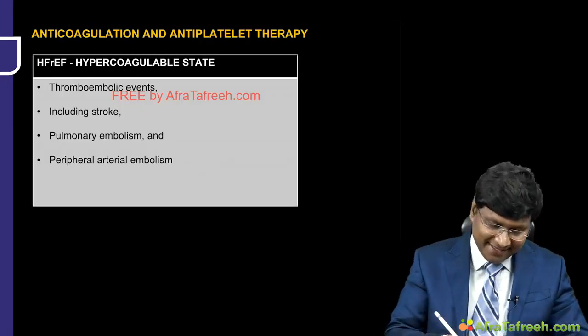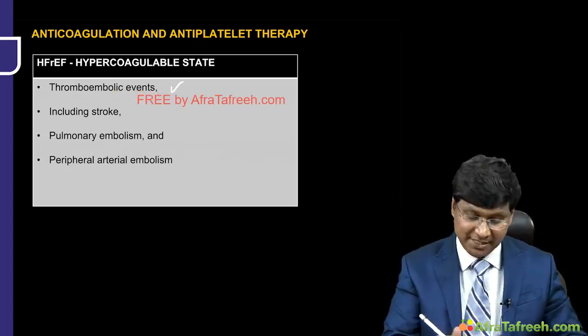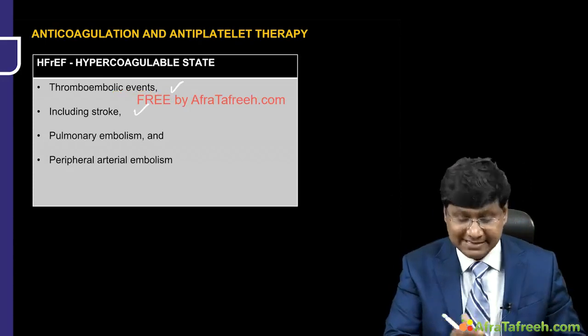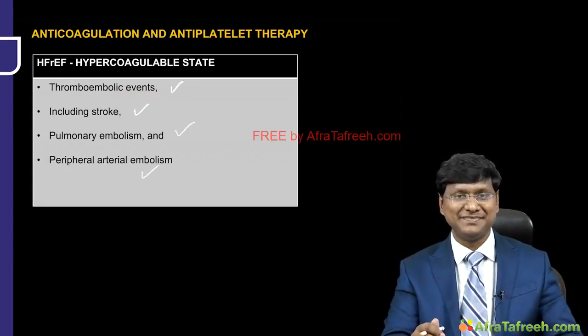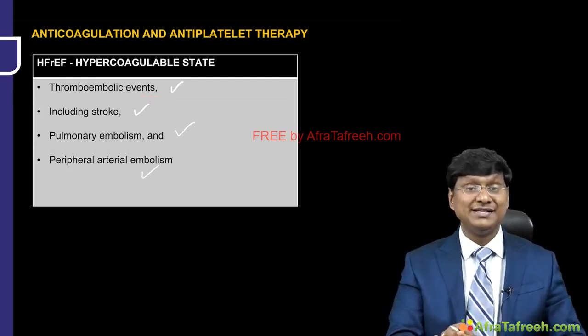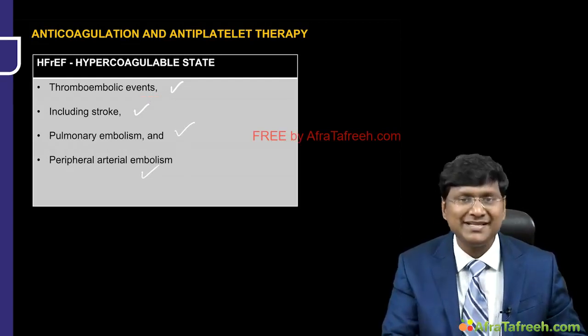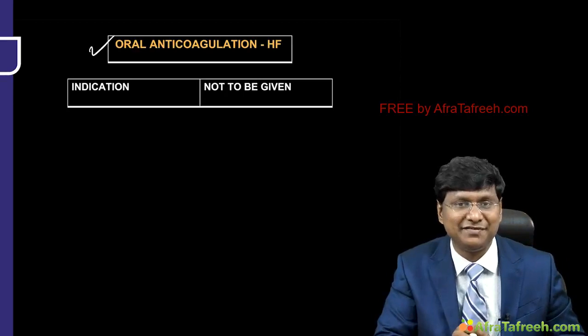Therefore, there is a very high risk of thromboembolic events, including ischemic stroke. There can be pulmonary embolism, there can be peripheral arterial embolism, right. So that is the status of heart failure with reduced ejection fraction. So is there a role of anticoagulation in heart failure?